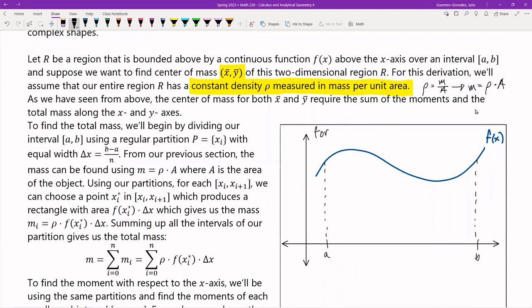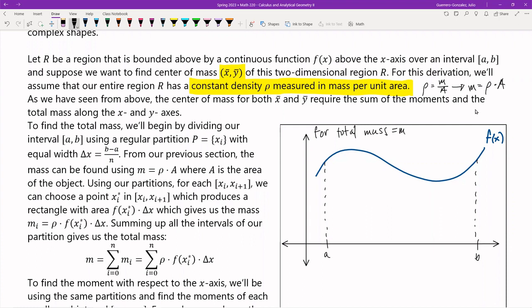So remember what we need for an x bar, y bar: we need the total mass, we need the moments with respect to the x axis, and then we need the moments with respect to the y axis. Okay. So first thing we're going to do is the total mass. So just our M. That's all we're looking for here.